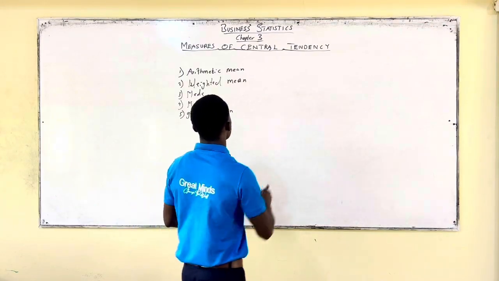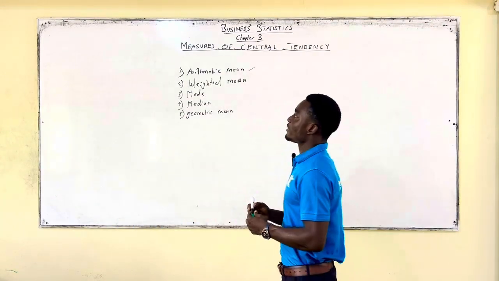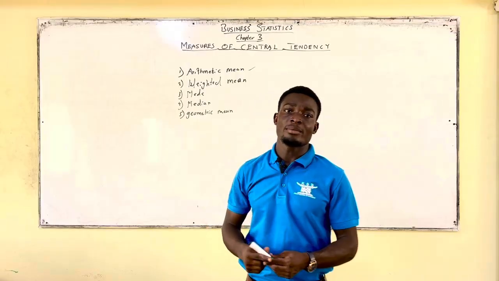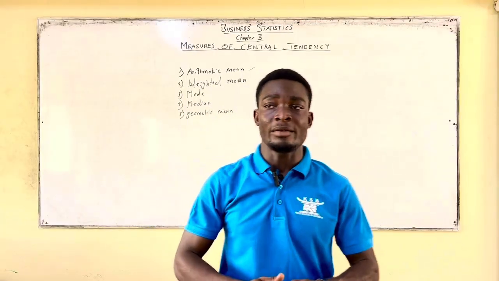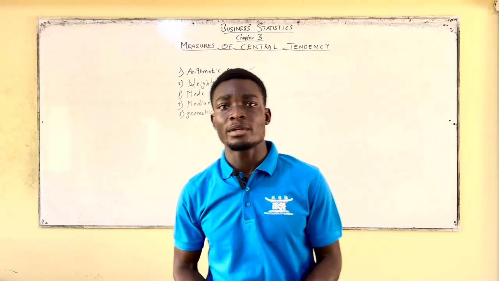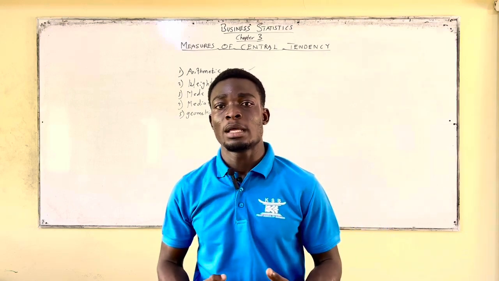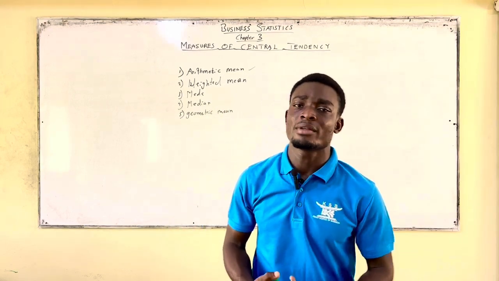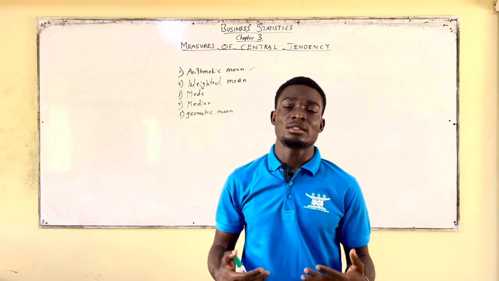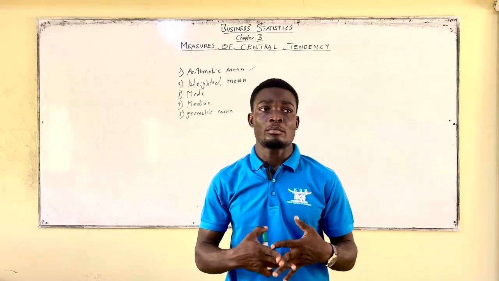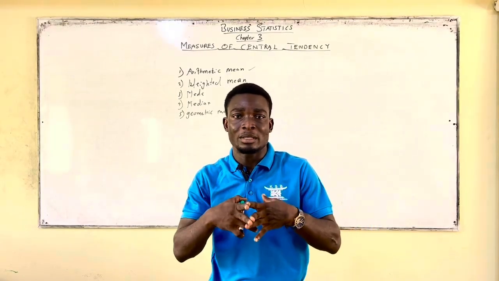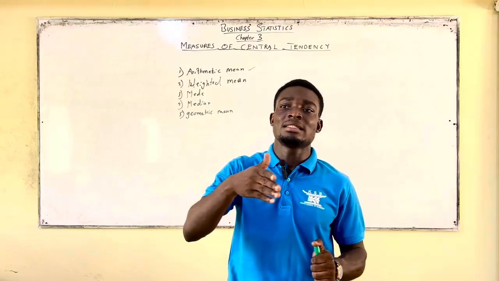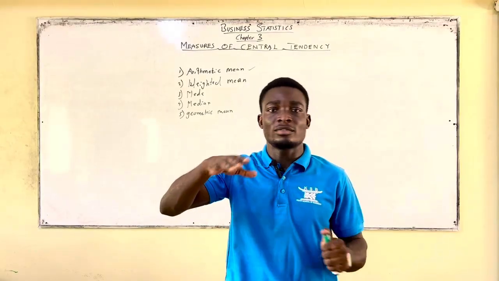Right. First off, let's start with arithmetic mean. What is arithmetic mean? Arithmetic mean can also be called an average. We are looking for a particular number that is going to represent the entire set of data.